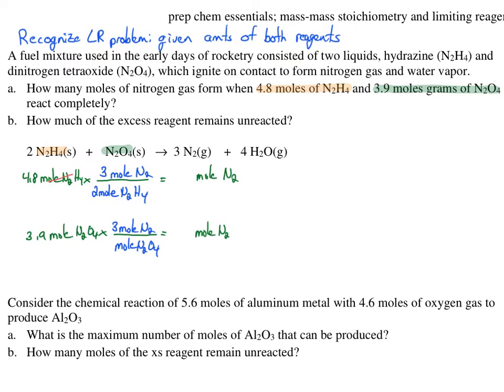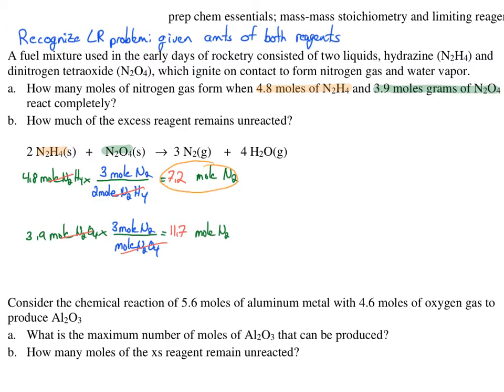So we see our moles cancel out for each of these reagents, and we end up with moles of our product. In the first calculation, this results in 7.2 moles of N2. The second calculation results in 11.7 moles.